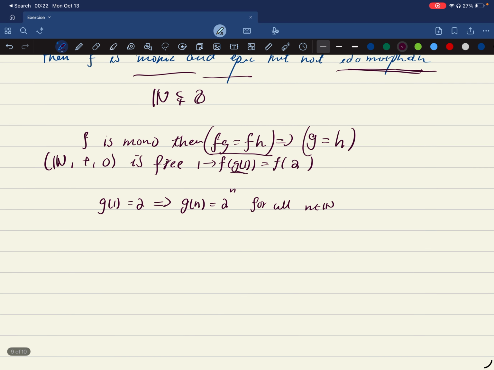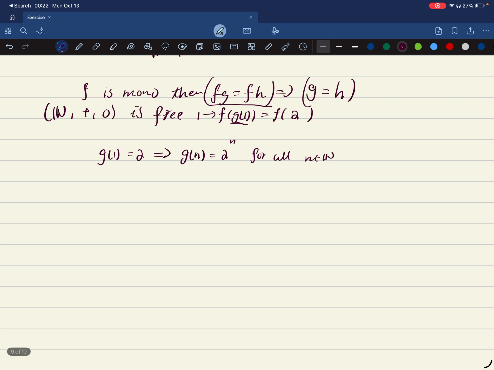This is a direct application. Once you have fixed this element 1, and it fixes as a unit, you have determined this monoid homomorphism uniquely. So it is unique, and it is not only unique, but it matches this for every n.